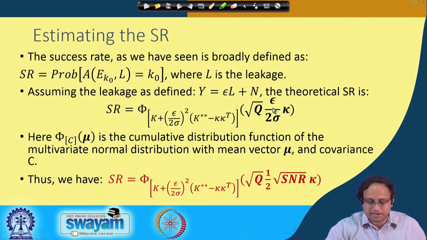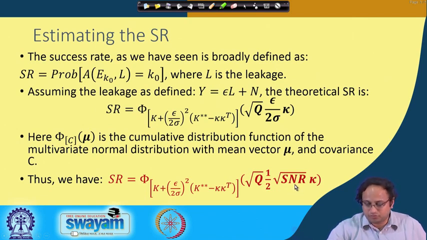If you remember the expression for SNR, you can easily manipulate this part and write it as root q into half into square root of SNR into kappa. Why SNR? Because the SNR is nothing but epsilon square by sigma square. Therefore epsilon by sigma you can write as the square root of SNR.